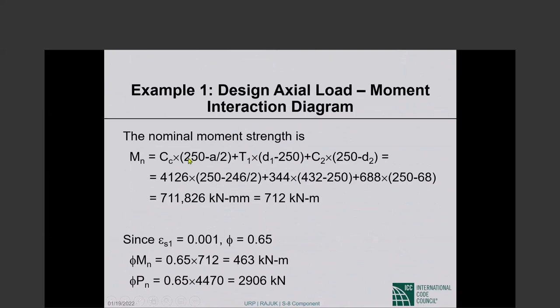And then by taking moments of the three forces about mid height of the section, the moment strength comes to 712 kilonewton meters. This section is still definitely compression controlled. The net tensile strain is 0.001. So phi times M sub n is 463. Phi times P sub n is 2906.